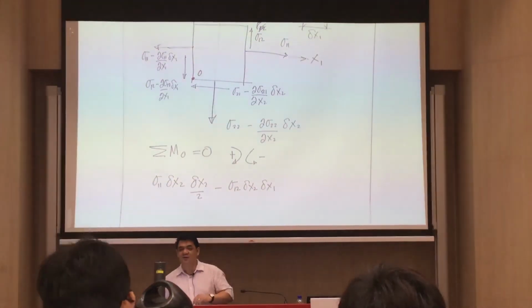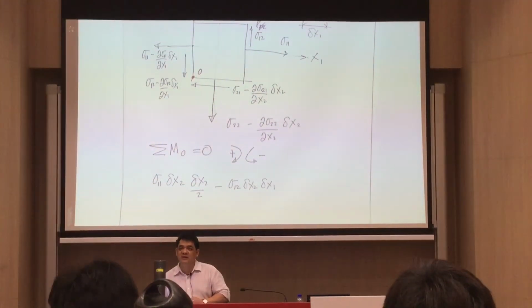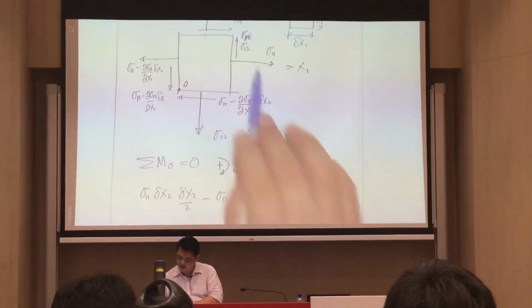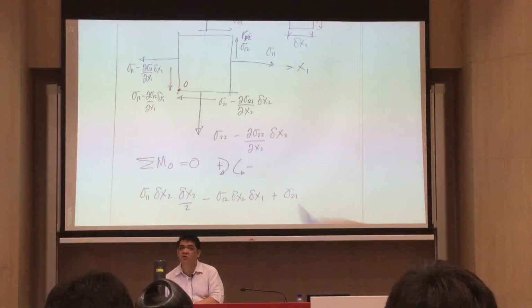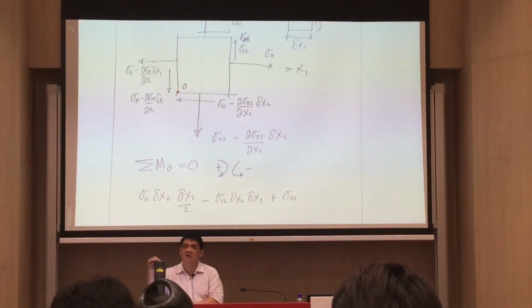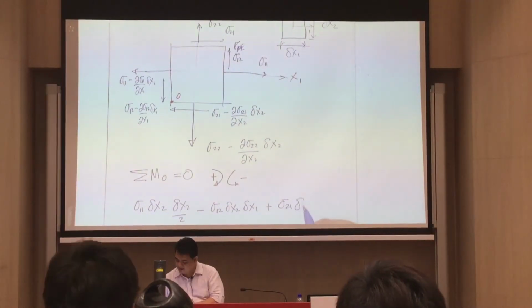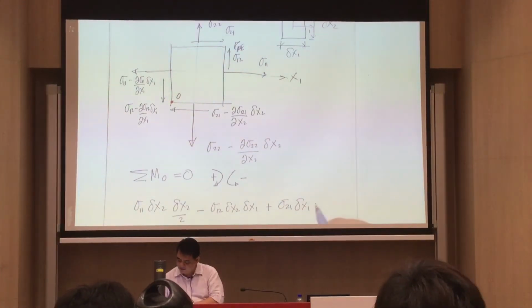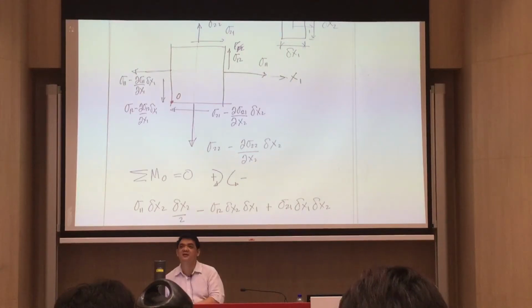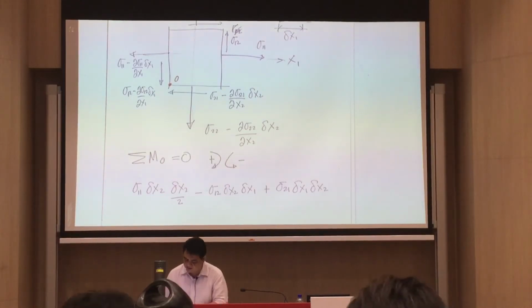We can now just simply apply the summation of moments equals 0 rule. So we have here, say for example, sigma 2,1, and it's acting on a face delta x1. Yes? And what will be its moment arm? Delta x2. Positive, negative? Positive, right. So let's look at sigma 2,2. Sigma 2,2 is negative.